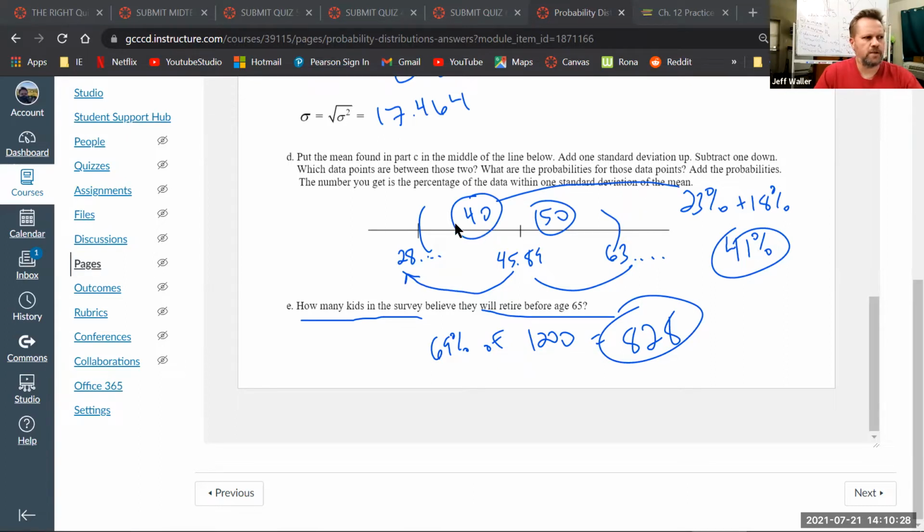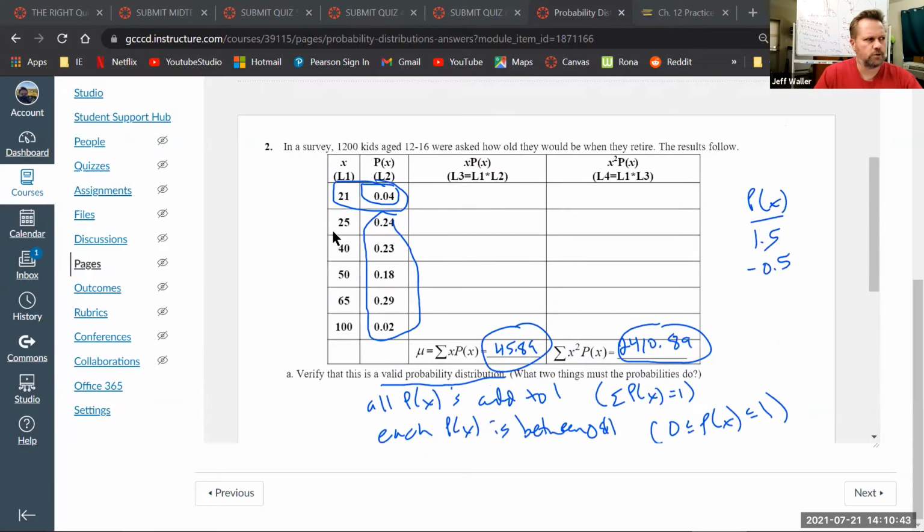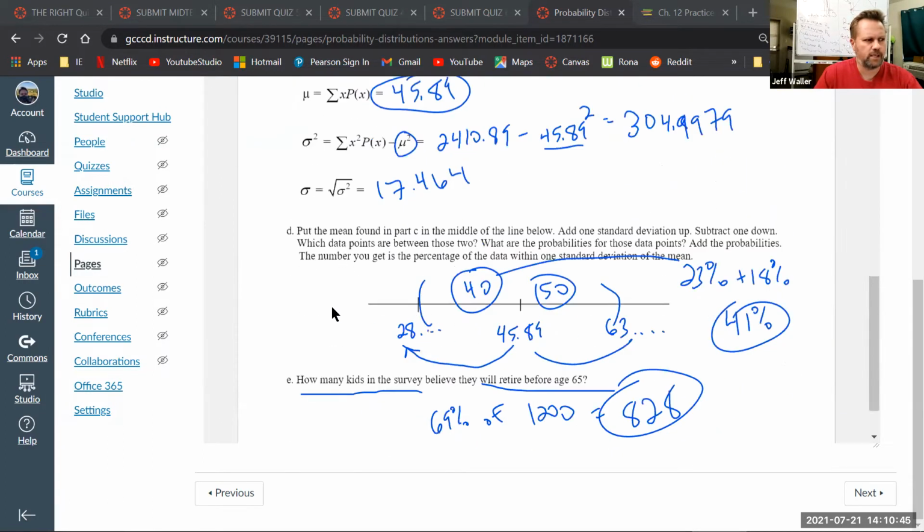So do you agree with me that in this interval we caught 40, right? The data point 40. Do you agree with me? Like, did we catch 21 or 25? Did we catch 21 or 25 in here? No, because they're both down here, correct? You with me?